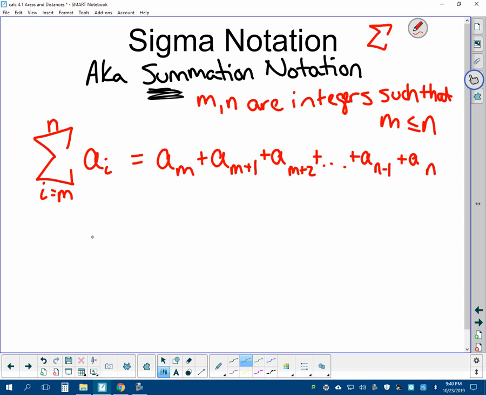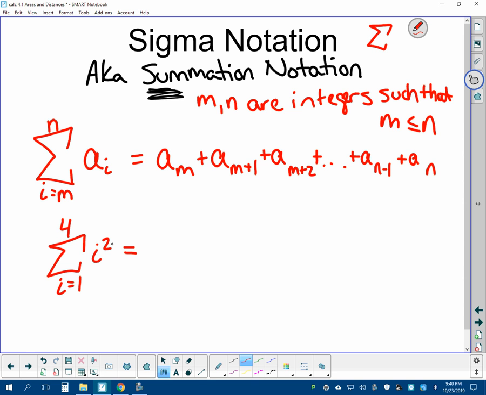A specific example: if I have i equals 1, so let's use an actual number there, and an actual number on top, let's use 4. Let's make the formula an actual formula. Let's make it i squared.